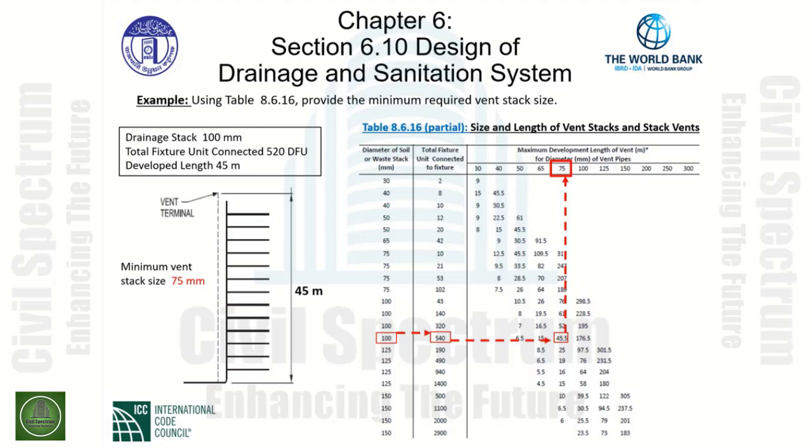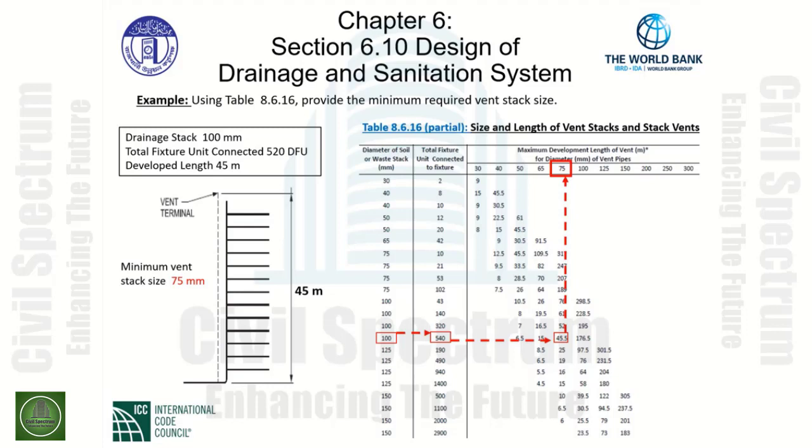I'm well below that and acceptable for use. From this point, I move further to the right-hand side. What we are looking for in this case as we move horizontally is the maximum developed length of the vent in meters. Going back to our drawing, we have a total of 45 meters for developed length.